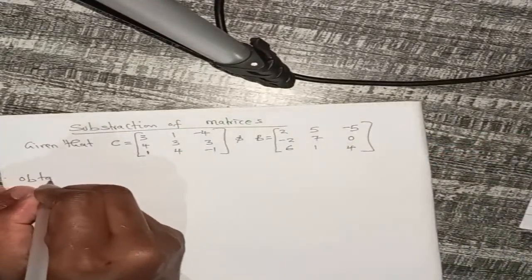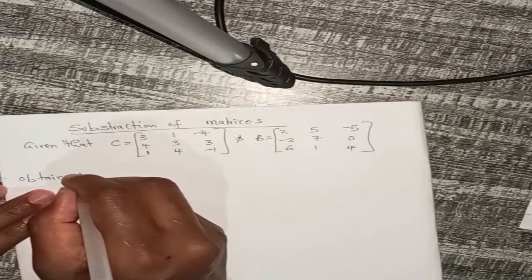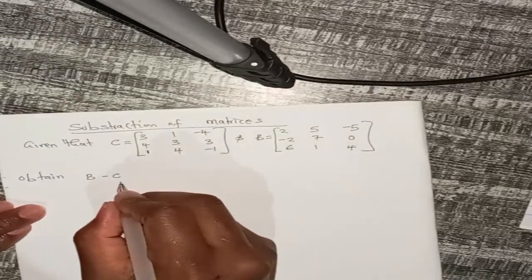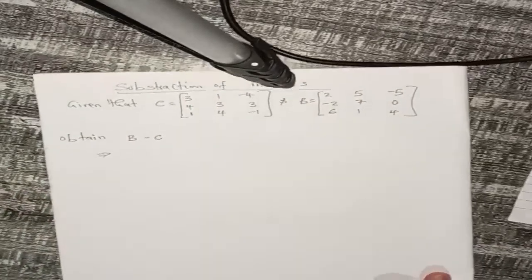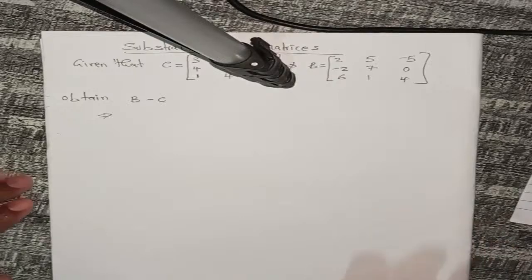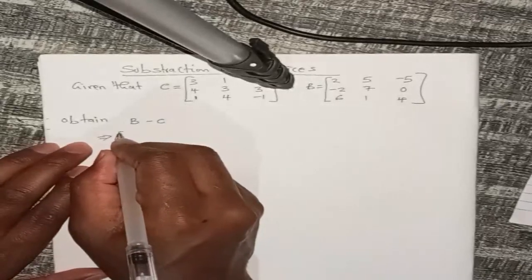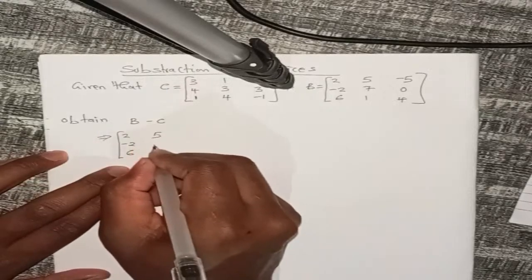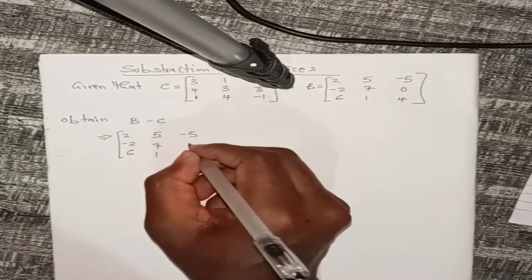To obtain the difference between matrix B and C, this is simply the matrix B, which is 2, minus 2, 6, 5, 7, 1, then minus 5, 0, 4.